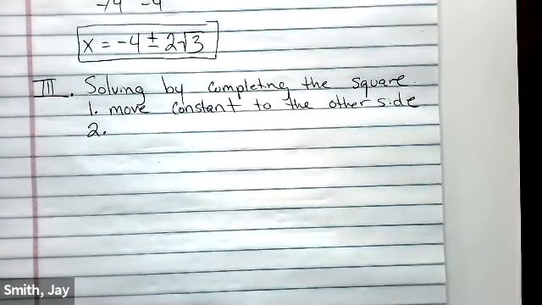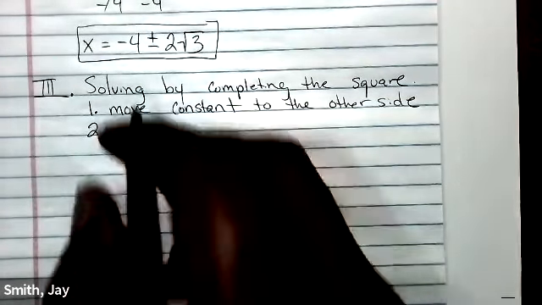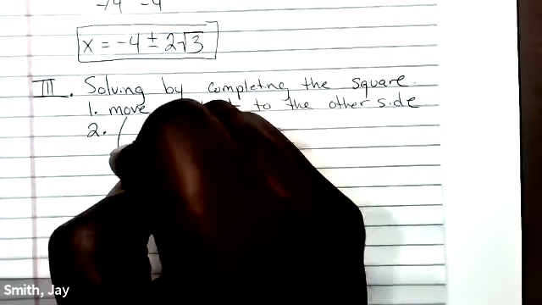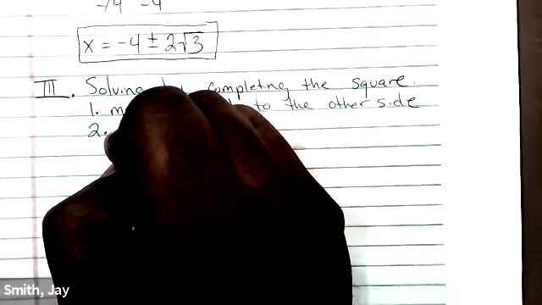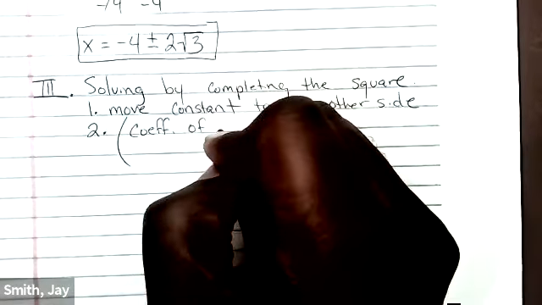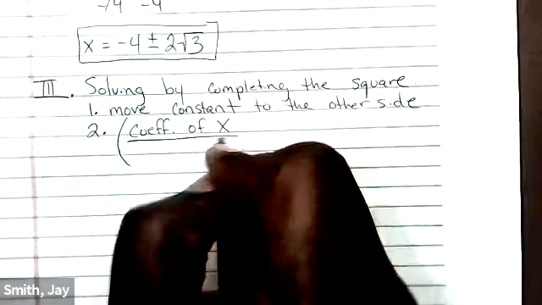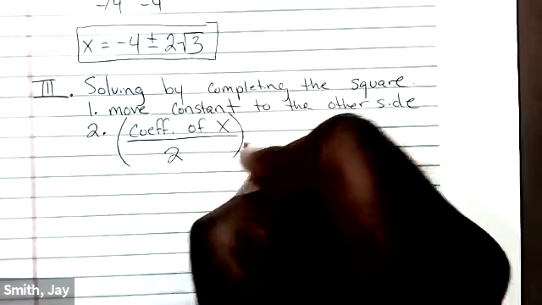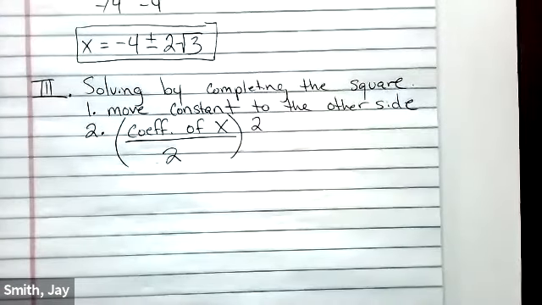The way we're going to do this is by picking a number and adding it. The way that we're going to find that number is by taking the coefficient of our x term, or the number in front of x, we're going to divide that by 2 and then square it.